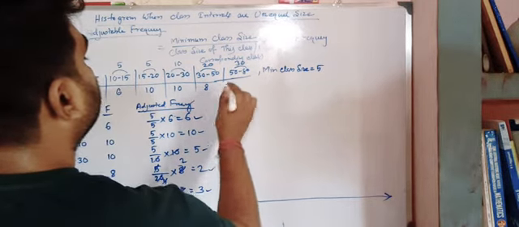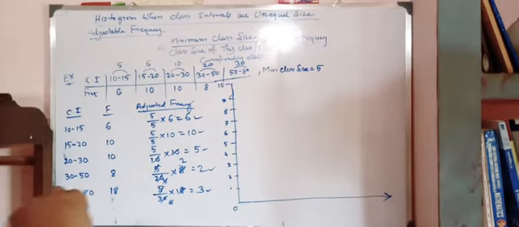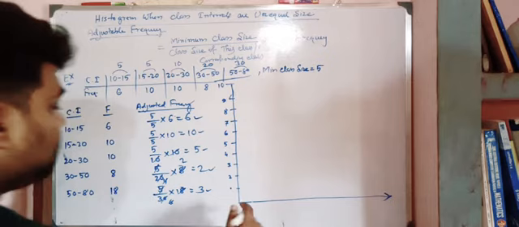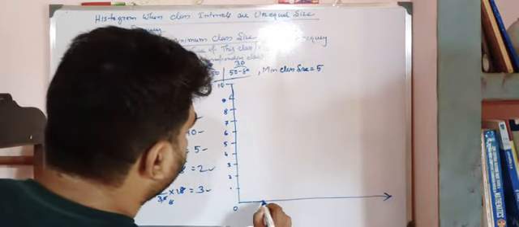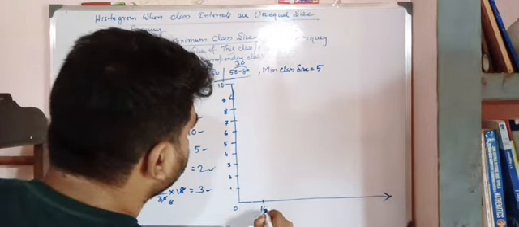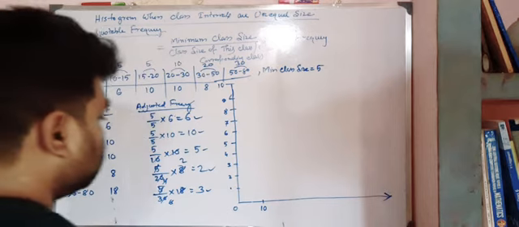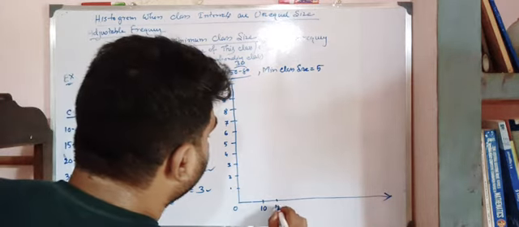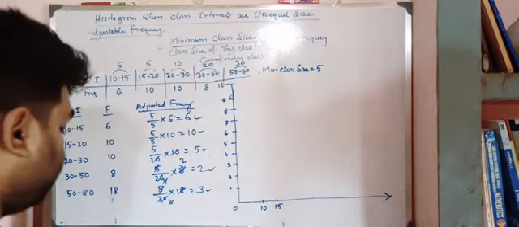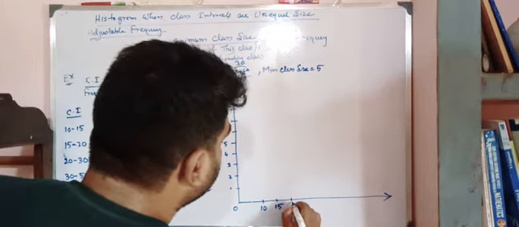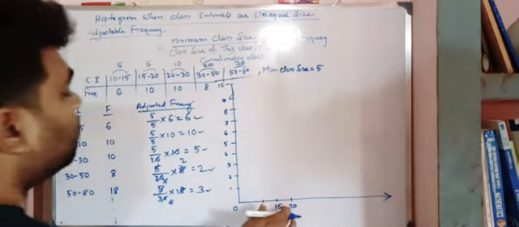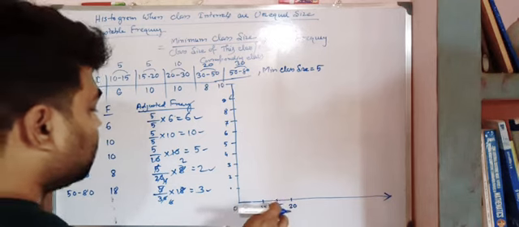I am taking this as 10, and from here we are representing this as 10, this as 15, and this as 20, because there will be a similar gap, the class size is 5.